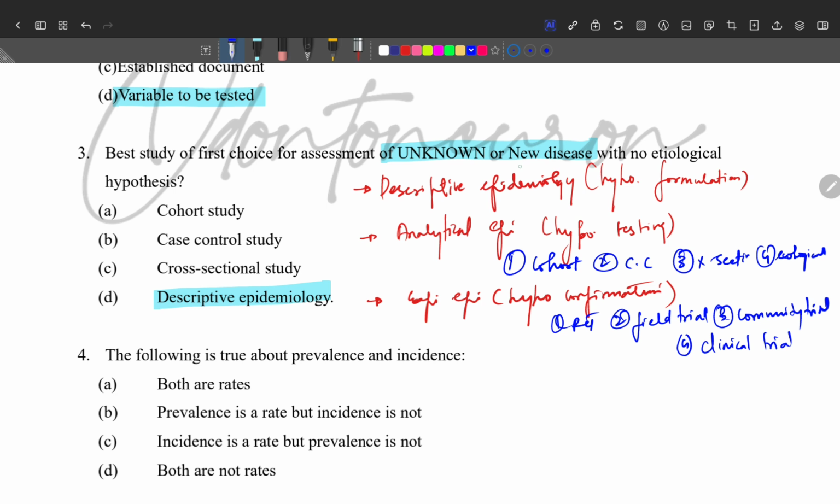So for an unknown or new disease with no etiological hypothesis, which means I'm about to start a new hypothesis, I have to formulate a hypothesis, which is called descriptive epidemiology. And these three come under what we have studied right now, which is analytical epidemiology.